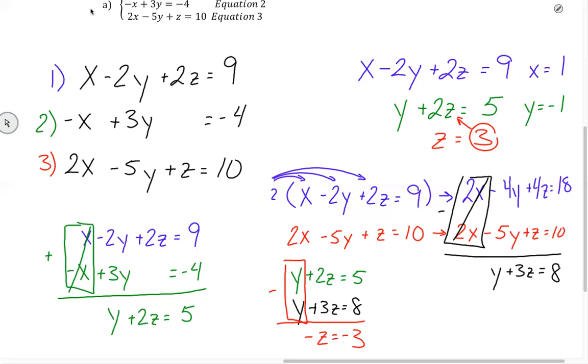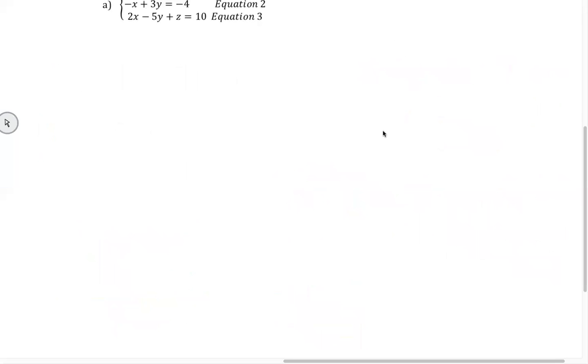I can't take the blue and green again. So I could take the green and red or the blue and red. I took the blue and red. I eliminated x again. Now that gives me two equations with two unknowns. That one equation was green, the other one was black. I combined them to eliminate and find z. Then I use back substitution. It's a whole lot of work.